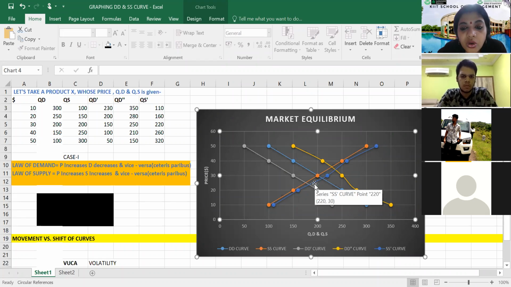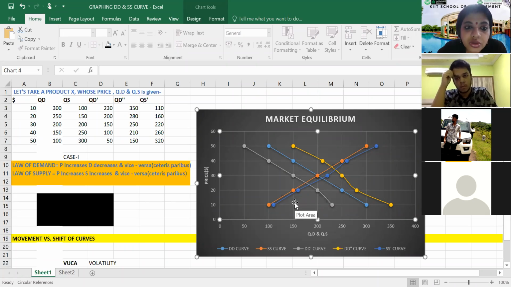So that is how you can understand how the market equilibrium continuously goes on changing depending upon the associated values. Here we took only 5 players, 5 data points. But in the entire market, if I look at the population of India, it is to the tune of 1.3 billion.